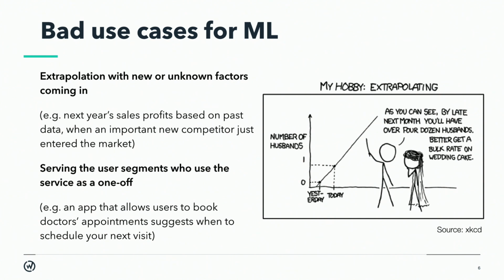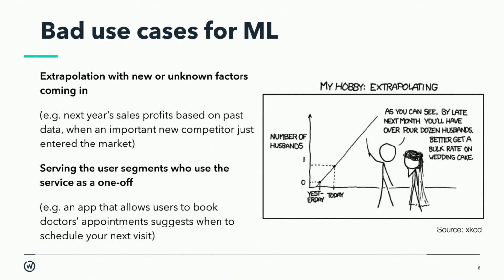Also, you need to be mindful of your audience, so the user segments that you're trying to serve. Say, for example, you have an app that allows users to book doctor's appointments, and you think, okay, maybe I can use machine learning to suggest when your users can schedule their next visit.